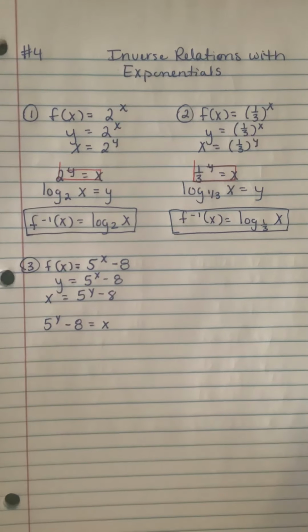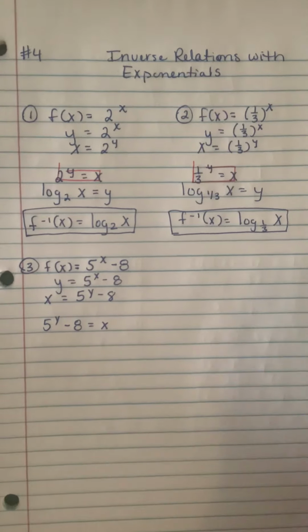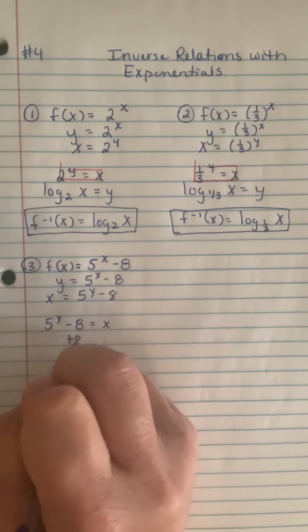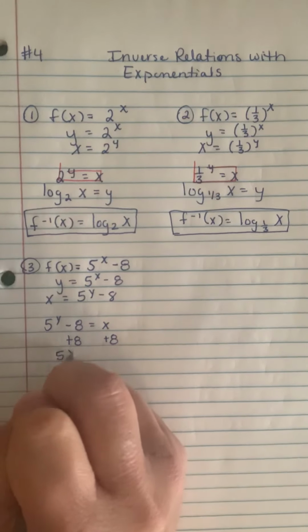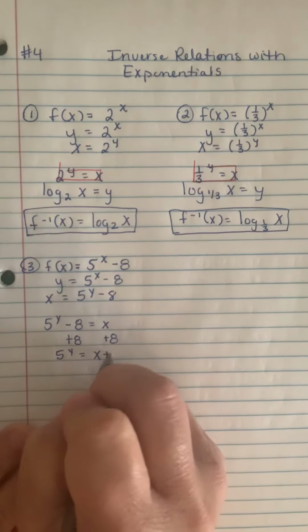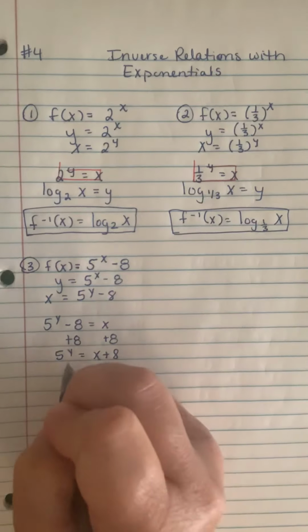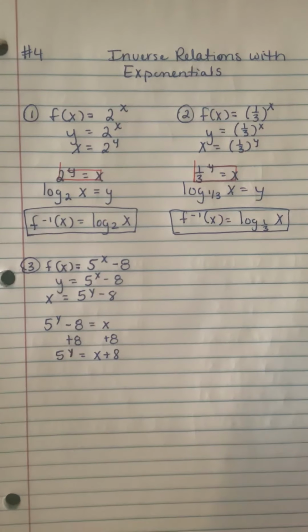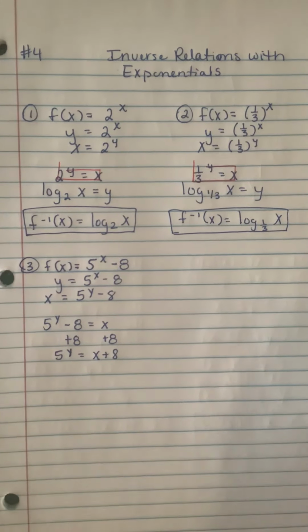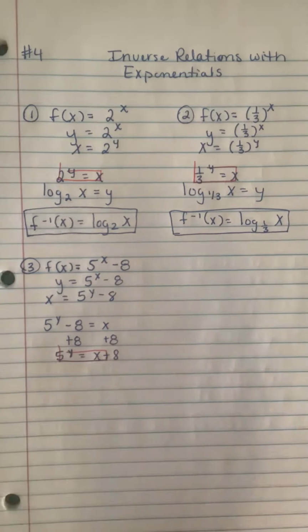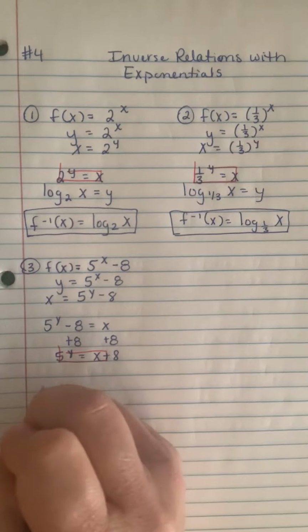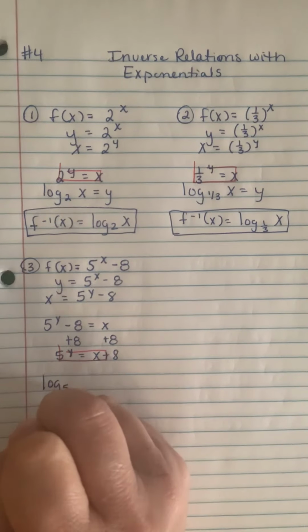Now I cannot take it to a log at this point right here. I need to add 8 to both sides. So I've got 5 to the y equals x plus 8. Now I have this in log or exponential form with the base by itself. So I'm going to make my L, and I'm going to have log base 5.